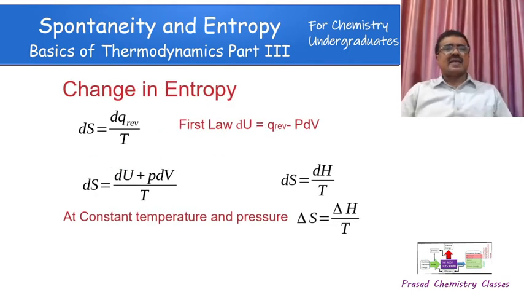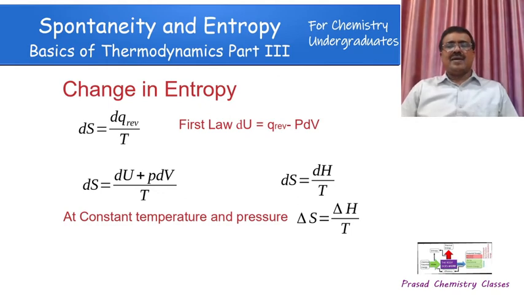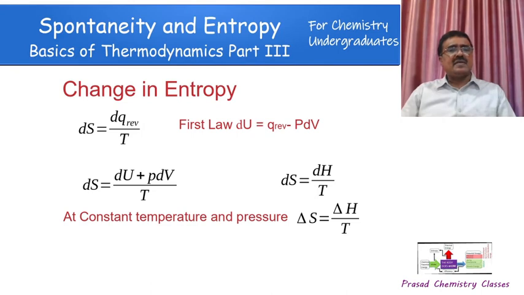Now we can come to change in entropy. Change in entropy is given by our thermodynamic definition. What is it? dS is equal to dq reversible by T. Now you put the first law equation into it: dU equals dq reversible minus pdV, where minus pdV stands for the work done. The only work done is expansion type; that is our consideration.